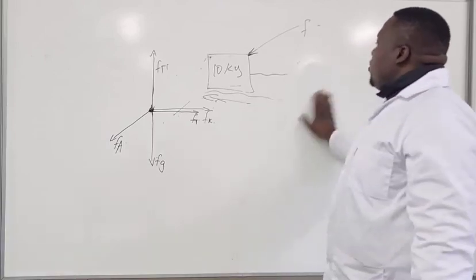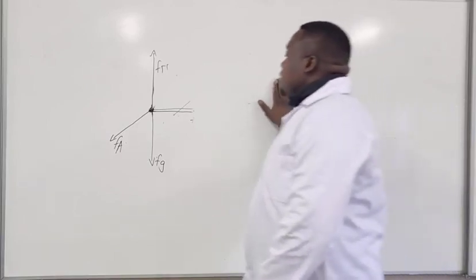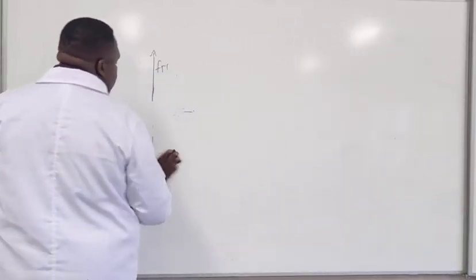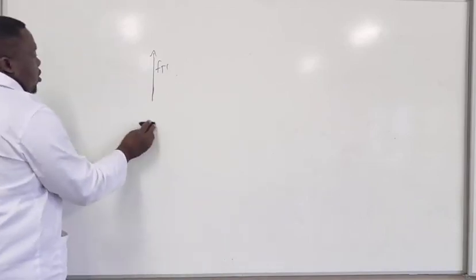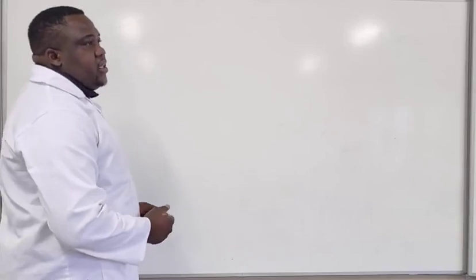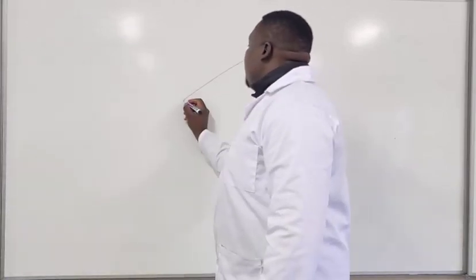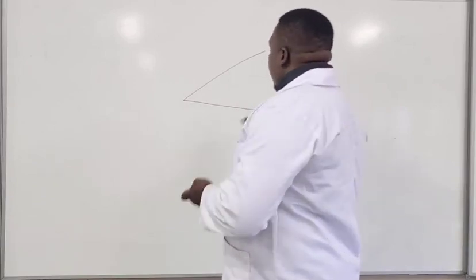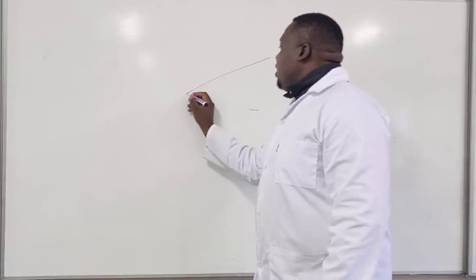Then we can talk about the incline. Then we're going to Newton's second law, and we talk about it in detail. Let us talk about the free body diagram of an object on an incline.